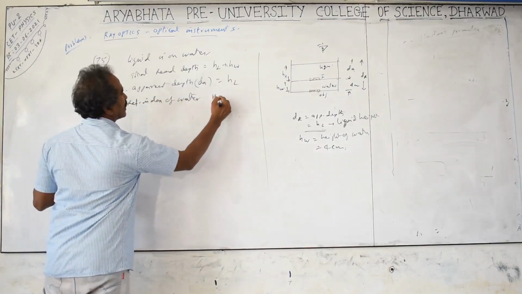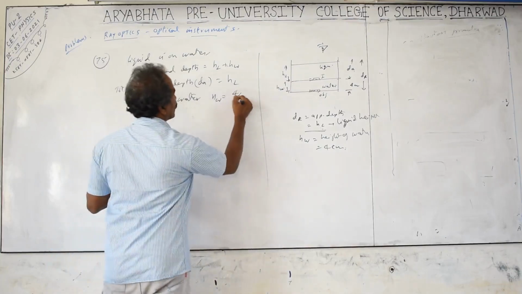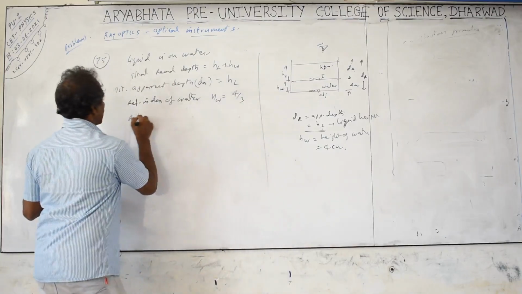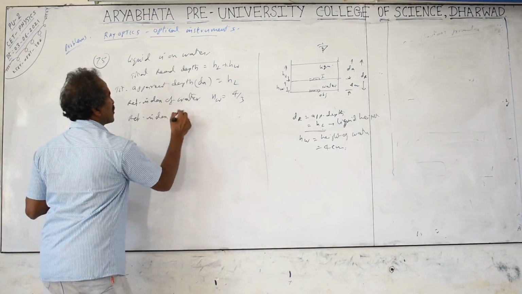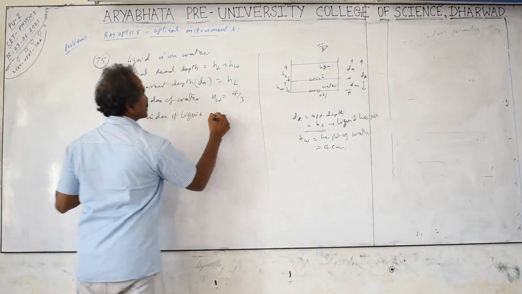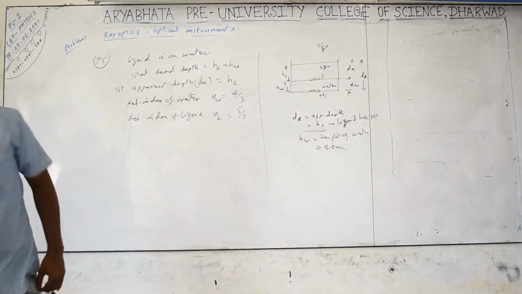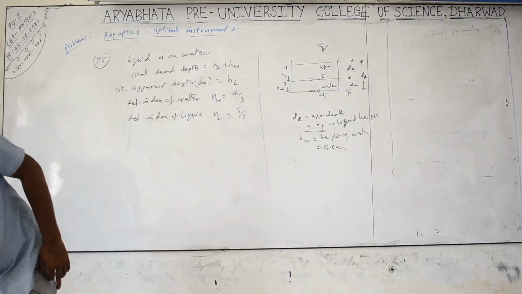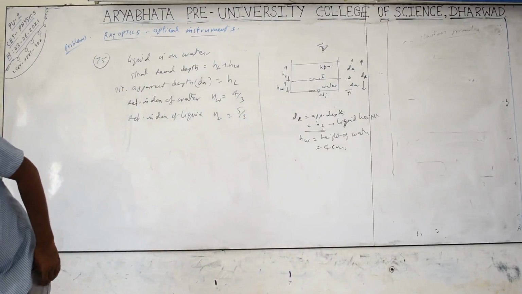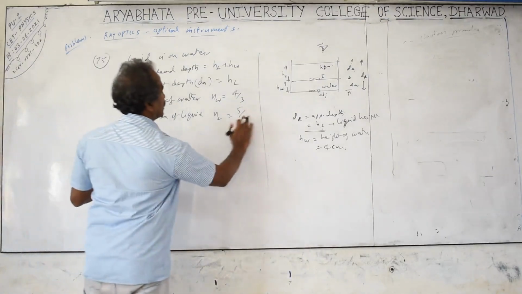Refractive index of water, N water, is equal to 4 by 3. Refractive index of the liquid is equal to 5 by 3. Absolute refractive index should be greater than 1 always. Sorry, 5 by 4 it is.